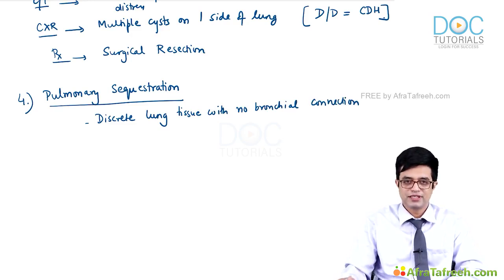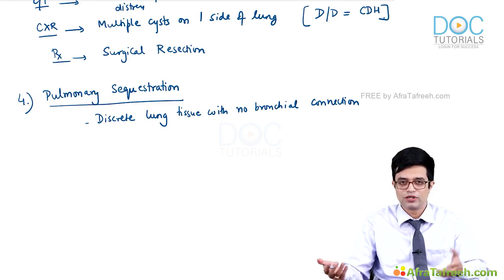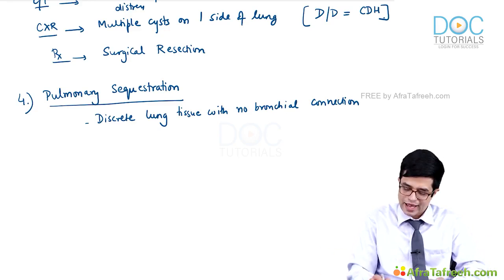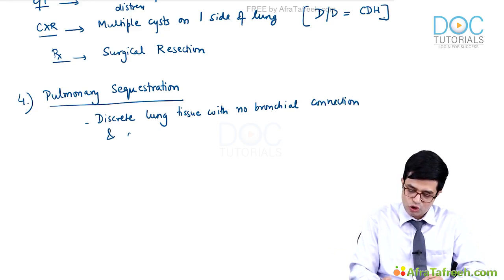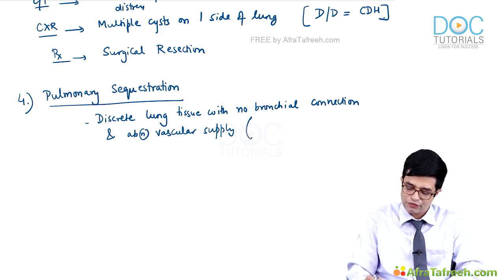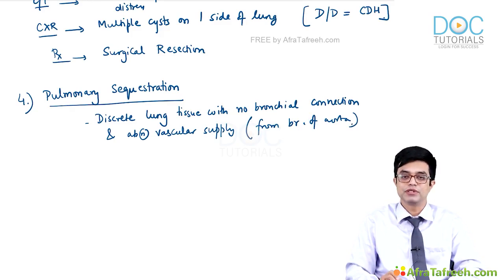No bronchus means it will be a useless tissue. It will not contribute to gas exchange. It will simply be a space occupying lesion, and they have abnormal vascular supply. The vascular supply in all of these lung tissues will be from branches of the aorta. So that is called pulmonary sequestration.